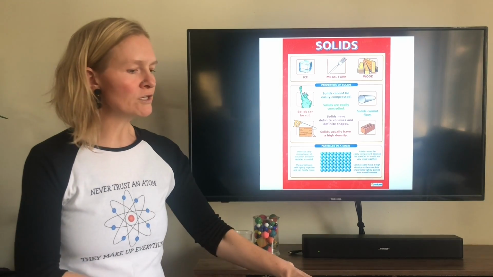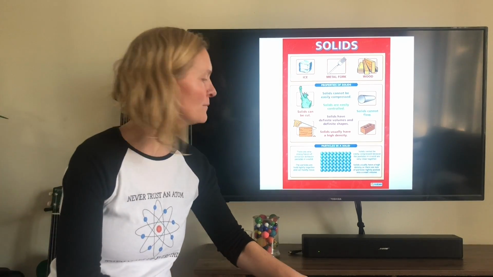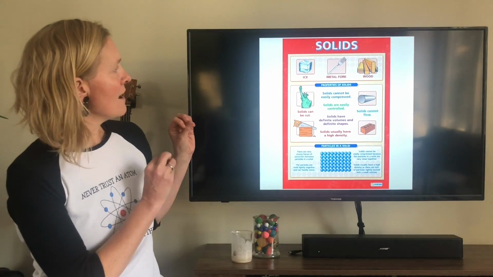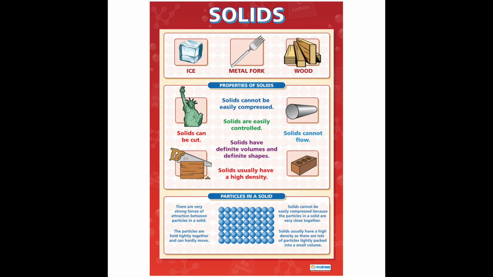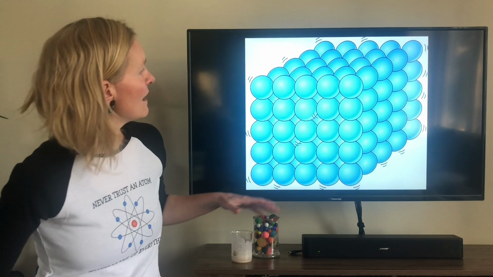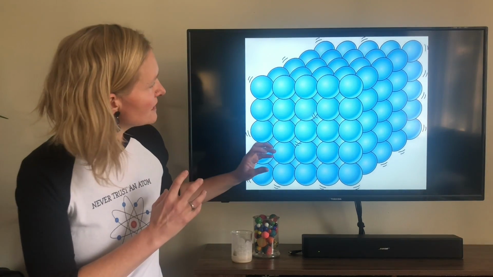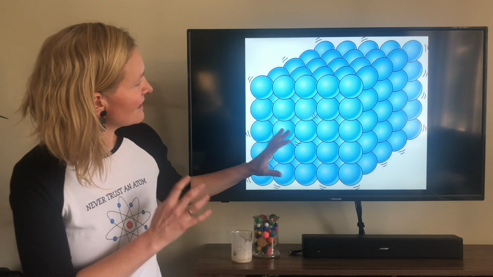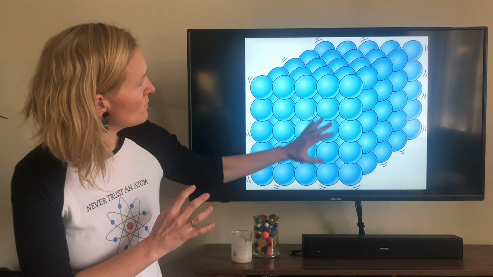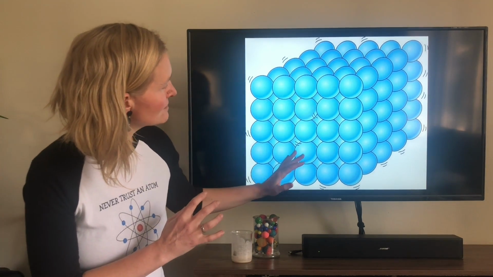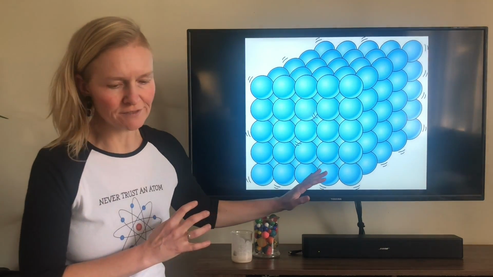So even if you look at something like my table or the TV, you have to imagine that on the molecular or atomic level, things are still actually always moving. So here we have a picture of a solid, and it just shows again that these individual atoms are in motion.